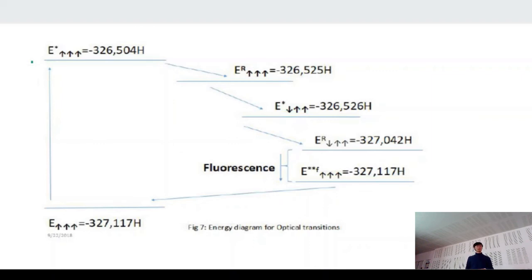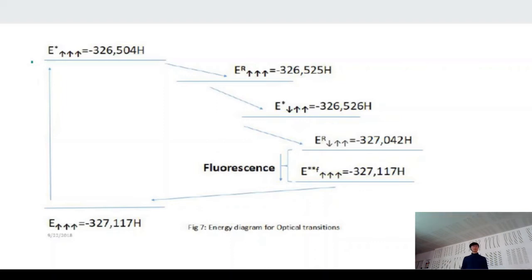We suspect one weakness in our result is that we didn't let the computer run long enough, because we were running out of time. We wanted the result, and so the result is good.